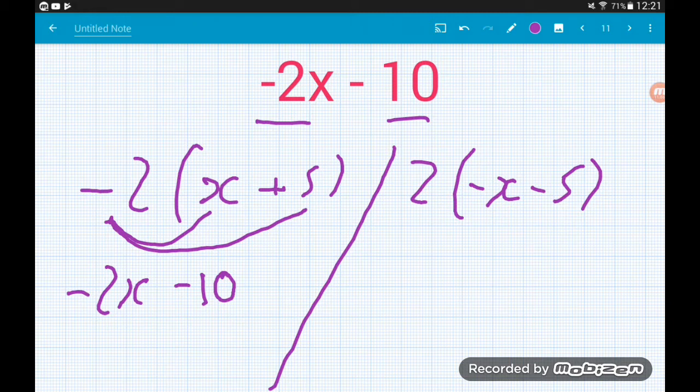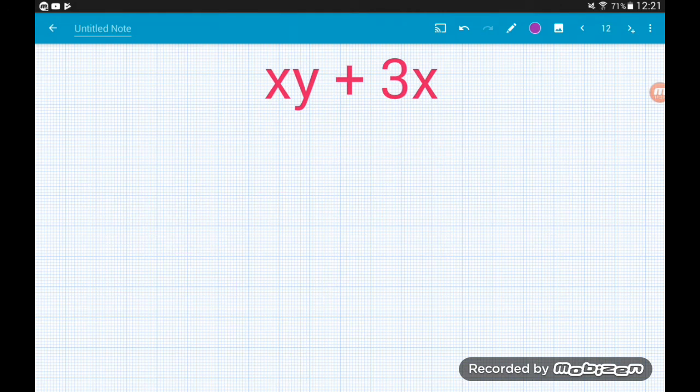So we've also got a common factor in there of minus 1. So we can take out that factor of minus 1, which multiplies the 2 on the outside, and then again leaves us with the positive x and 5 on the inside like that. Jobs are good 'uns. Okay, one more example.